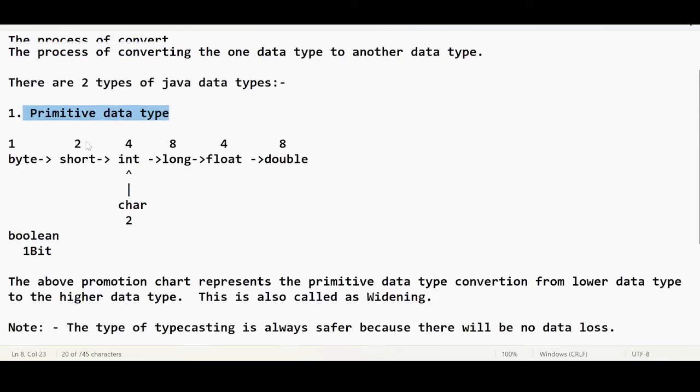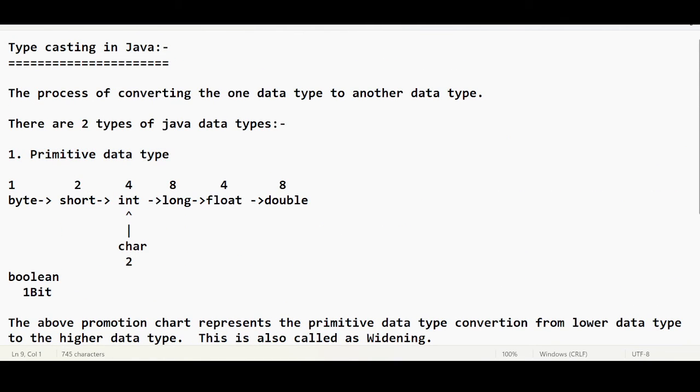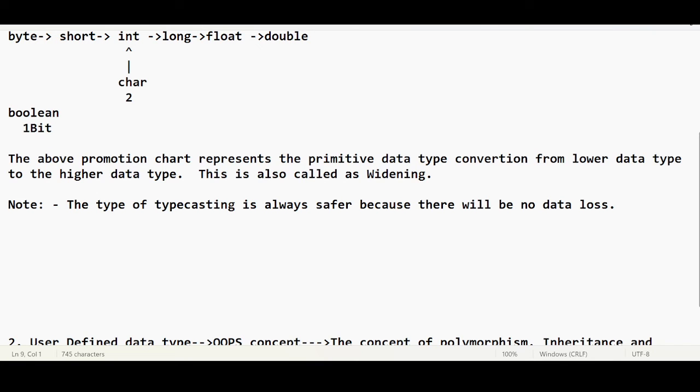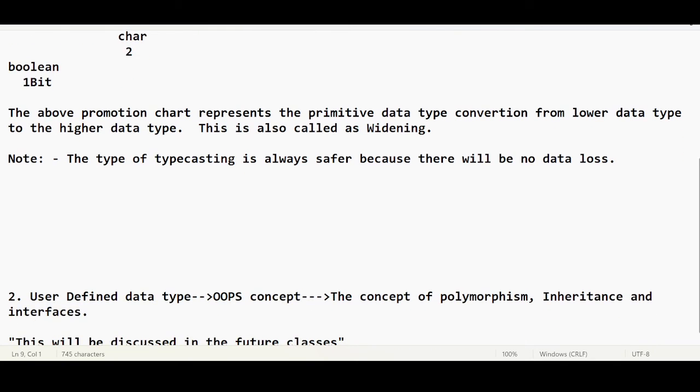The conclusion is very simple. Under primitive data types, we have a concept of the promotion chart. If you do the conversion from lower data type to higher data type, this concept is called widening. Widening is very simple to understand now.